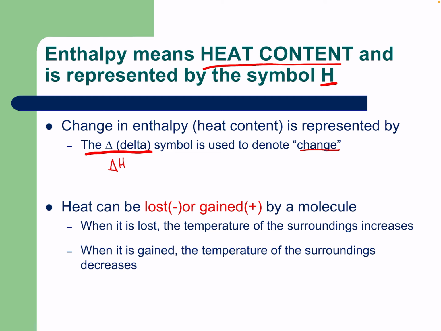Heat can be lost, which is negative, or gained, which is positive, by a molecule. When heat is lost, the temperature of the surroundings increases. If the heat is removed from this molecule, then the temperature will go up on the outside. When heat is gained, the temperature in the surroundings decreases. And we'll see how temperature and heat content relate to disorder, which we mentioned in the last lectures.